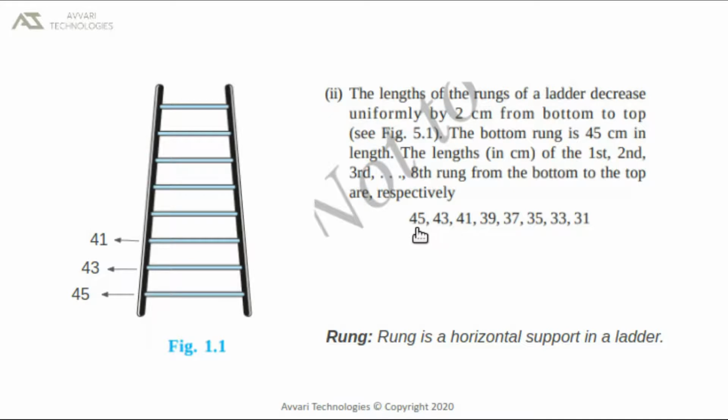Consecutive in the sense one after another. Say for instance 45 is our first number, the consecutive number is 43, and the consecutive number of 43 is 41, and so on. Here the starting number is 45 and the common difference is 2 centimeters.